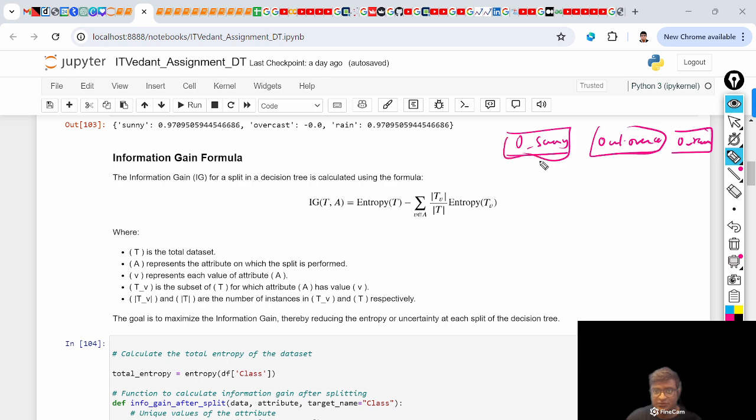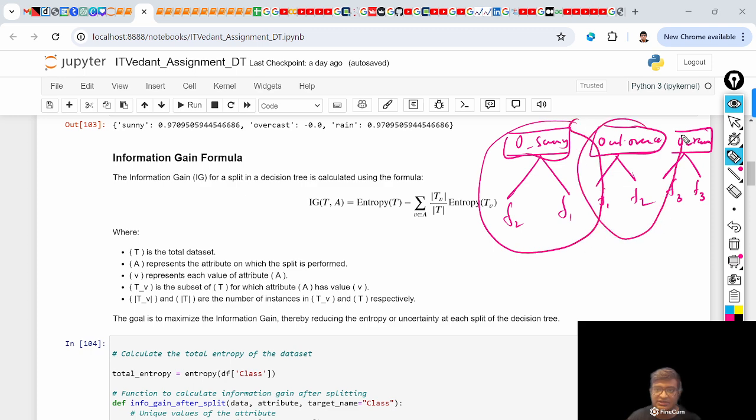Which node to select as the root node can only be decided if we find the information gain of each of these individual splits, and the one with the highest information gain will be used as the splitting criterion and as the root node.